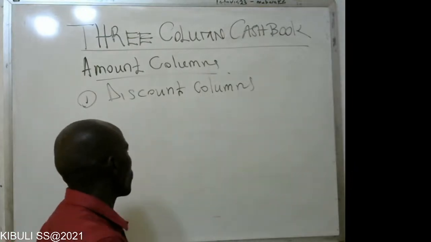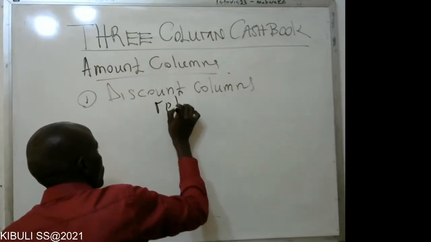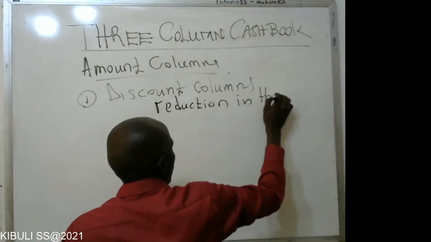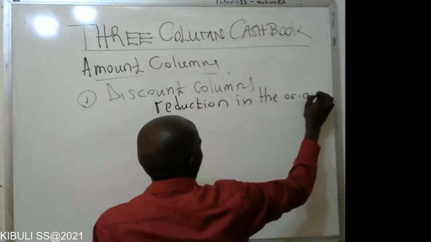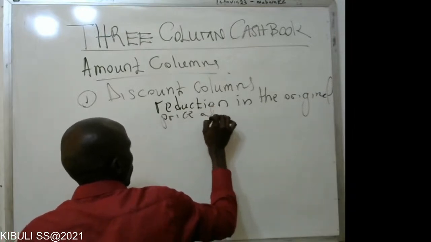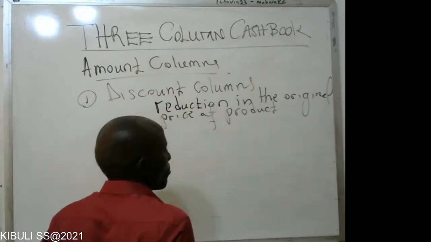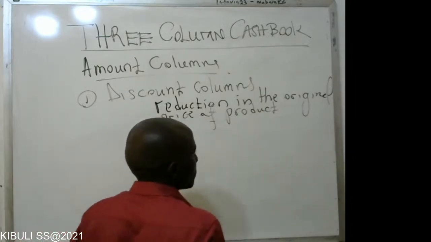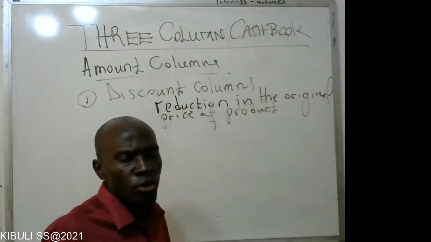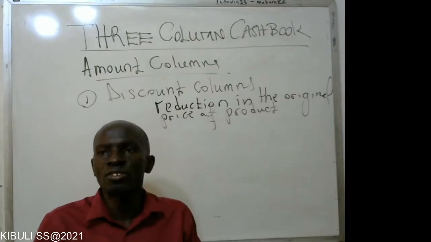And what is a discount? A discount is a reduction in the original price of a product due to payment of cash or due to buying in large quantities. That one is a discount.